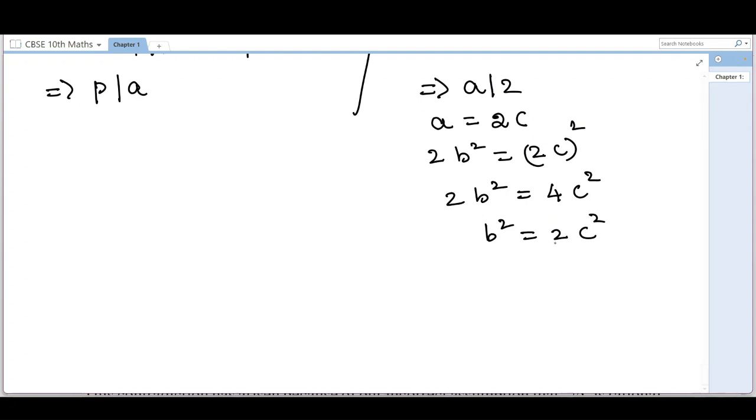Since b square is written as a product of 2, what we could conclude is b square is divisible by 2. By applying the previous theorem, we can say b is also divisible by 2, right? Thus, we have determined that both a and b are divisible by 2.